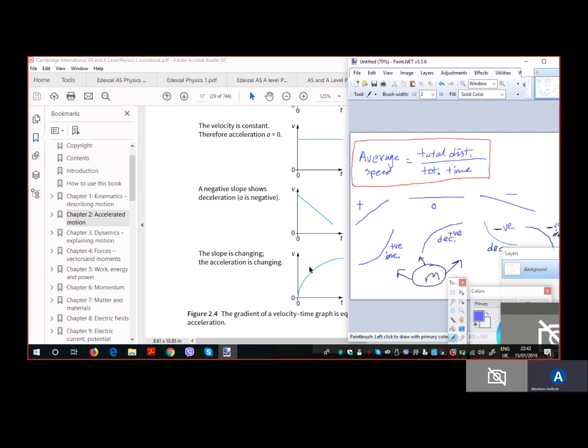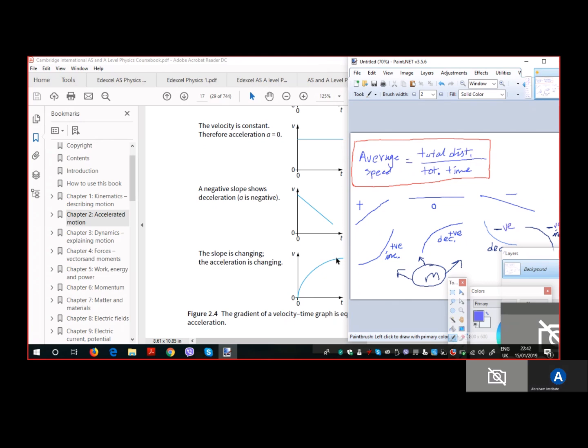If you draw a tangent here, and a tangent here, can you see the slope of the tangent here is more than the slope here? So the gradient is decreasing, which means the acceleration is decreasing.